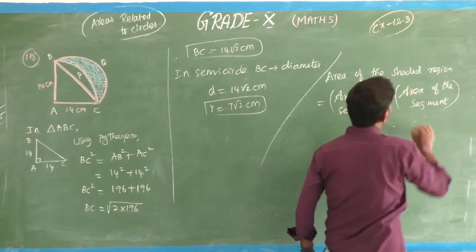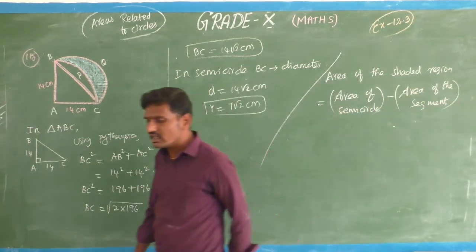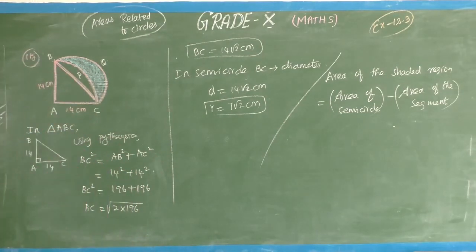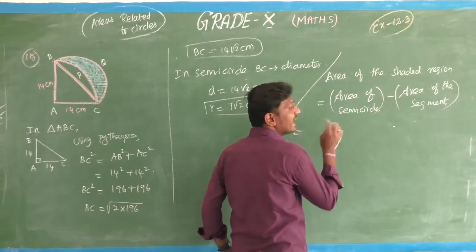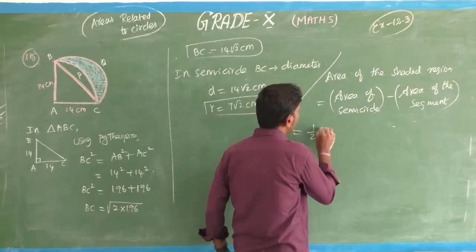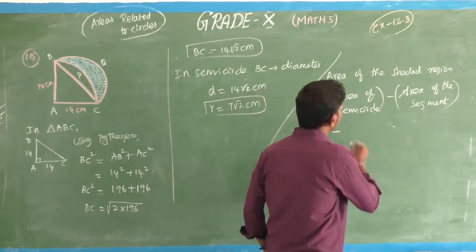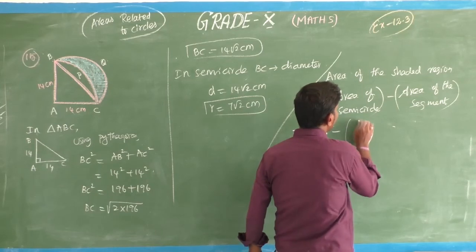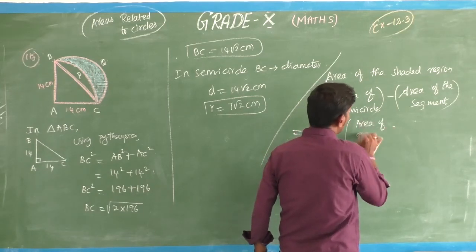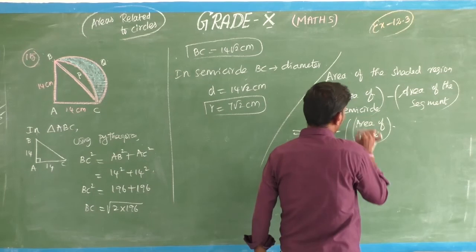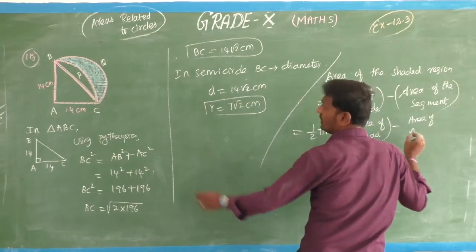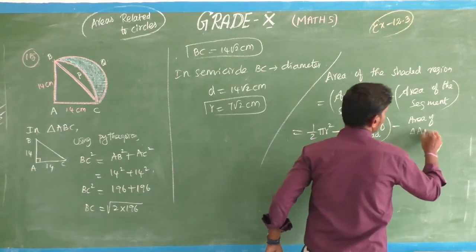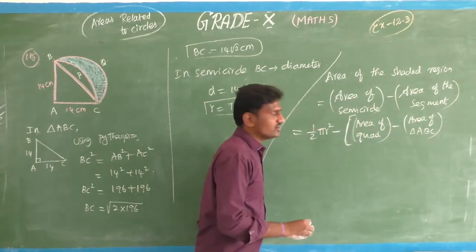already you know very well the area of the sector. This is used in exercise 12.2. For the area of the semicircle you have 1/2 pi r square, minus the area of the segment, that is area of the quadrant minus area of the triangle.